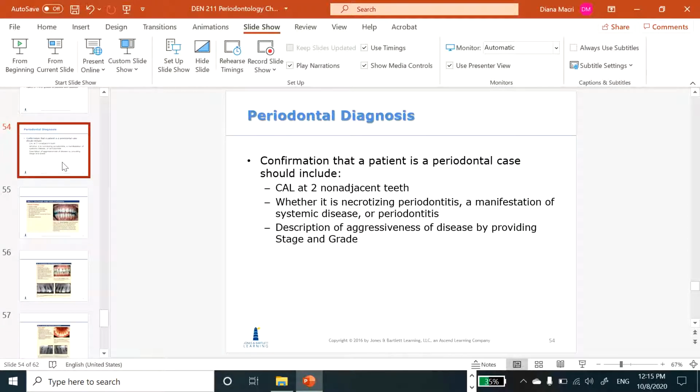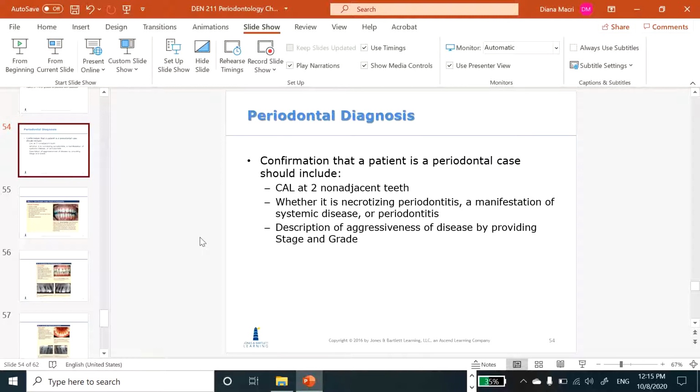Okay? So, confirmation. A periodontal diagnosis is confirmation that a periodontal case should include, remember, it's periodontitis if I have clinical attachment loss at 2 non-adjacent teeth, whether it is necrotizing, a manifestation of systemic disease, or periodontitis. So let's say you have a patient with Papillon-Lefèvre.